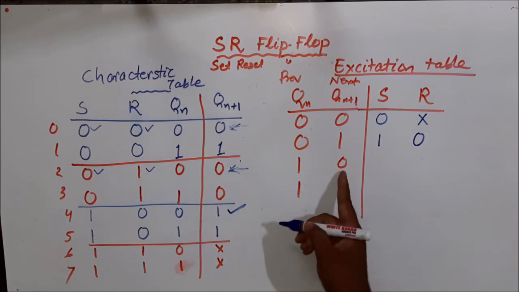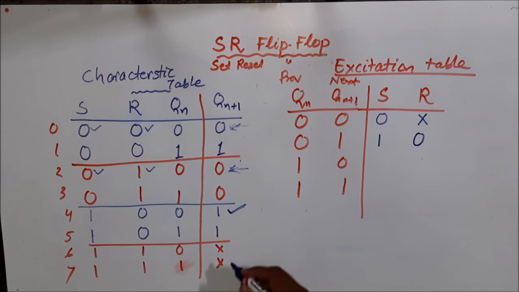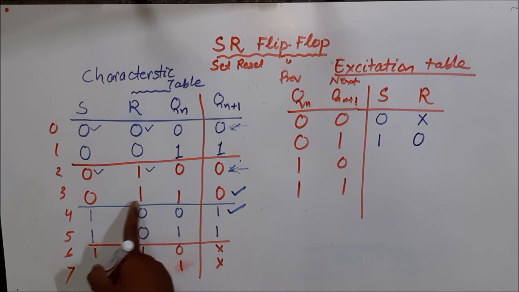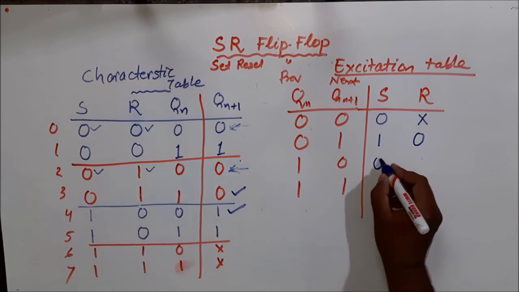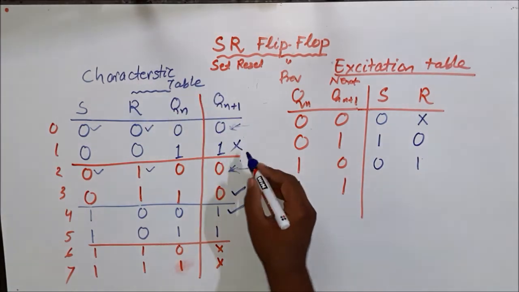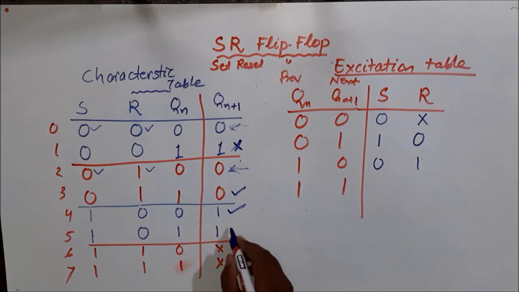To get the 1 0 combination, which is available here, my S should be 0 and R should be 1. And to get the 1 1 condition, we can get it from here and from here.